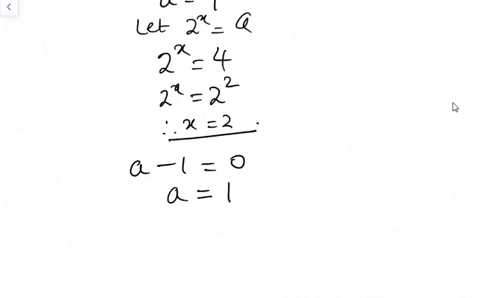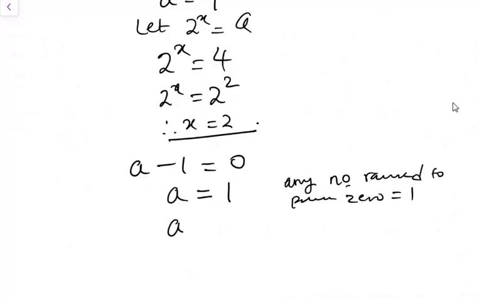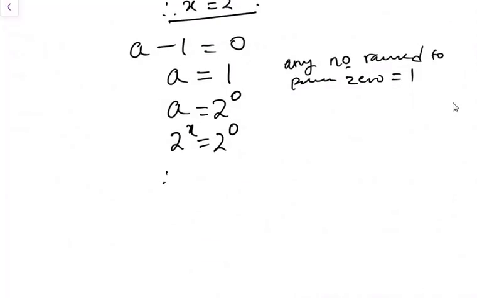Now we have to call to mind the sixth law: any number raised to the power of 0 equals 1. So we have a equals 2 raised to the power 0. And then we bring 2 to the power x equals 2 raised to the power 0. Therefore, x equals 0. Our final answer will be x equals 0 and 2.